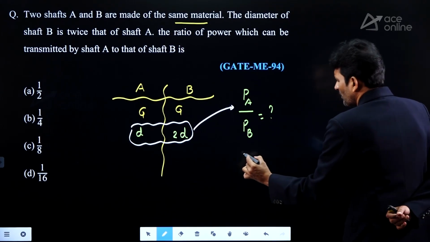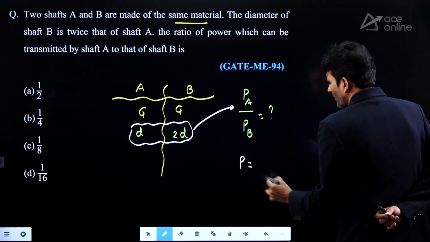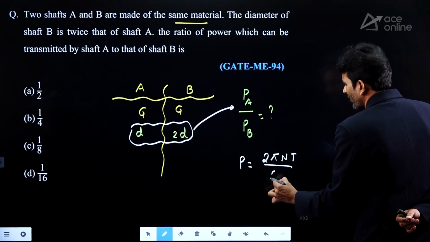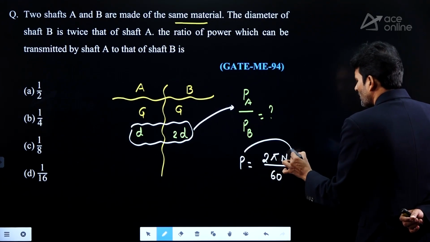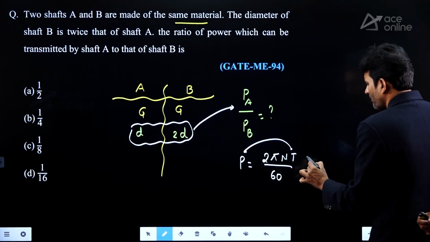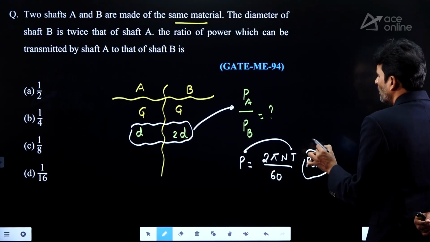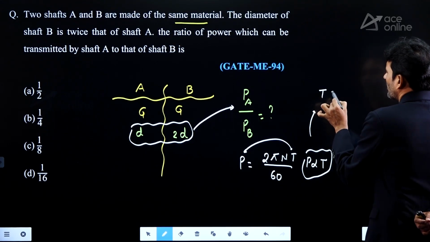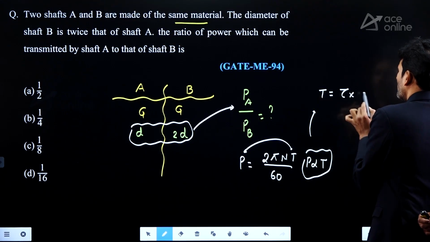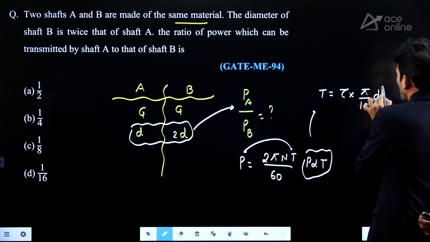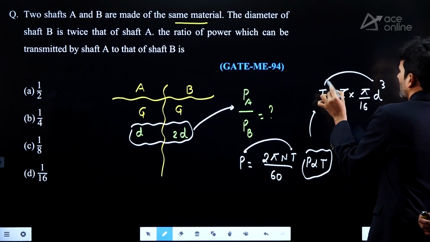See, as we know the relation for the power, P equals 2 pi N T divided by 60. That means P is directly proportional to T. And I know T equal to tau into pi by 16 into d cubed.